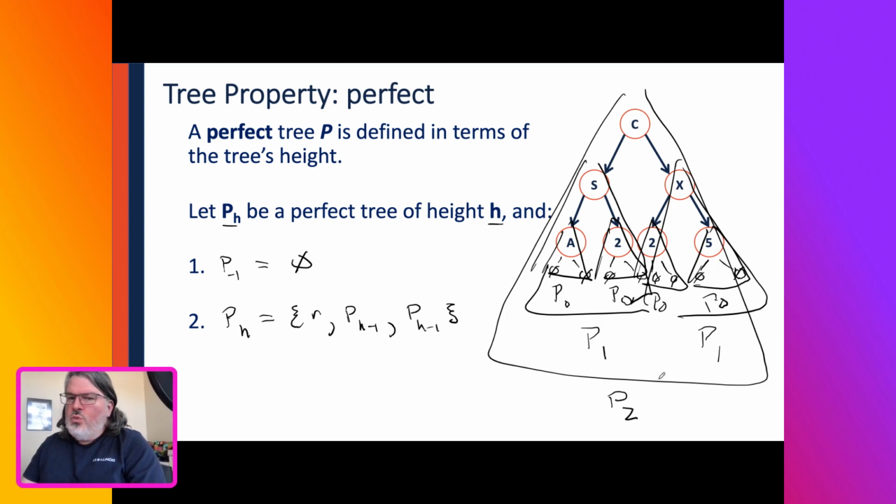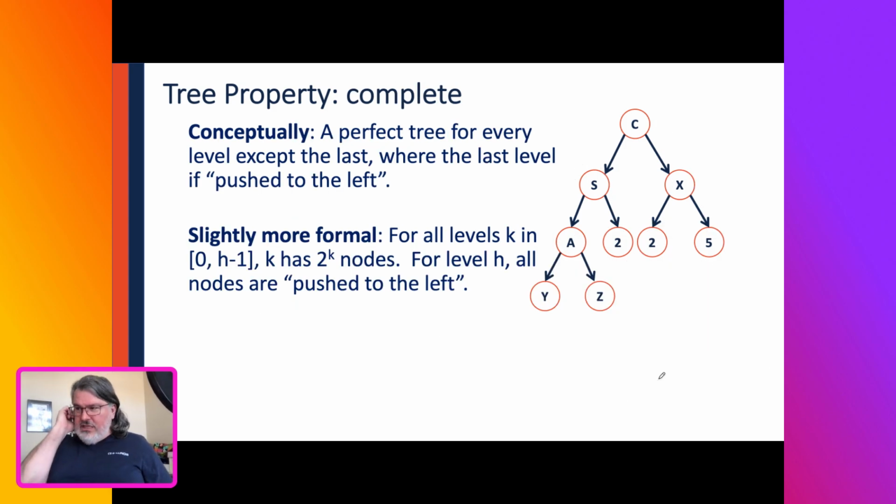Okay. What about a complete tree? Do you remember a complete tree? So a complete tree is a kind of funny definition. And you may have heard a slightly different definition, one that did not have this part, this pushed to the left, right?